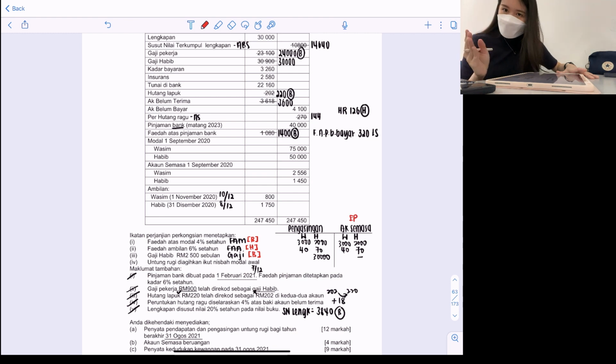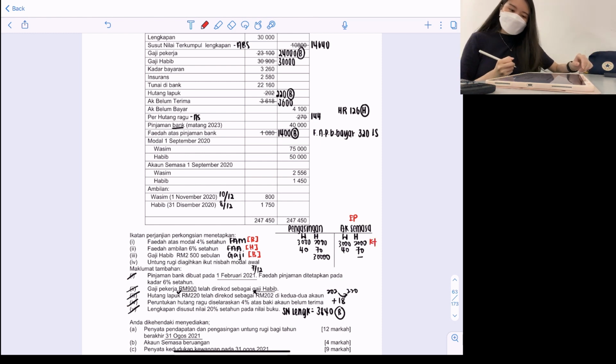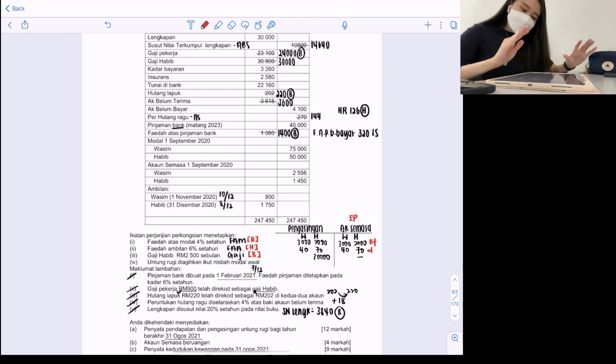So if you owe the money, then positive credit side. If they are the person who owes you, then it will be on a debit side, negative position. Alright, so faedah atas modal is us owing to the Perkongsi, so it will be credit side. While faedah atas ambilan, who's the person taking? Your Perkongsi, so it will be on the debit. Alright, so settled. Now all of it are done.